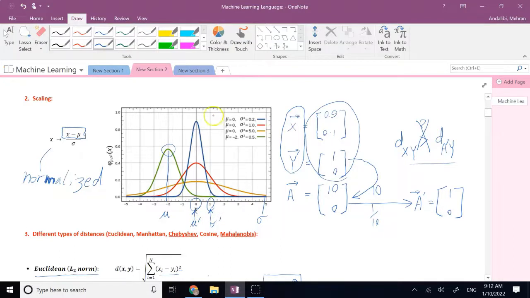So if the original X was coming from a normal distribution with arbitrary mu and sigma, now this new X is coming from a normal distribution with an average of 0 and a standard deviation of 1.